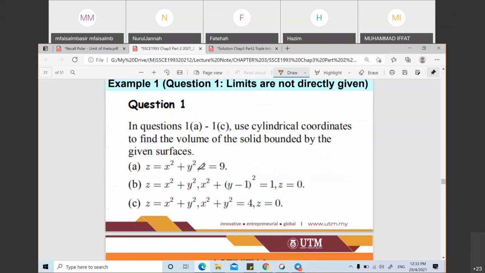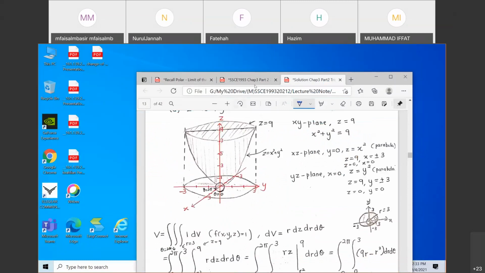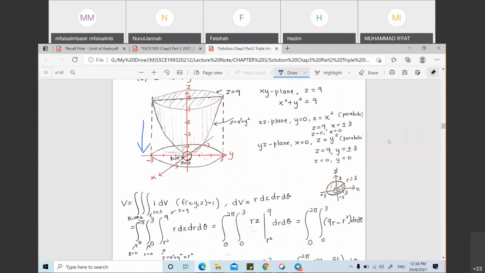What is it? Or a parabola? It is a parabola, right? And then you have z equals 9. Easy. So the projection here is a circle, which means you have to use cylindrical.